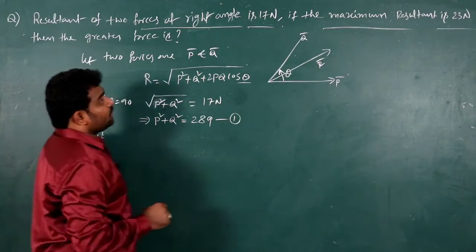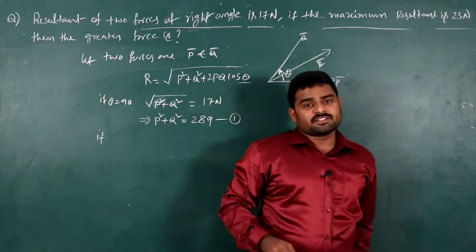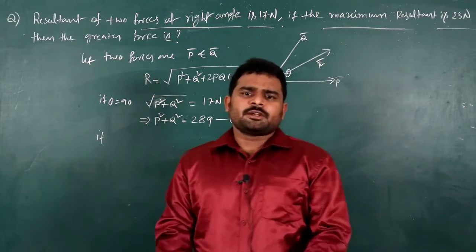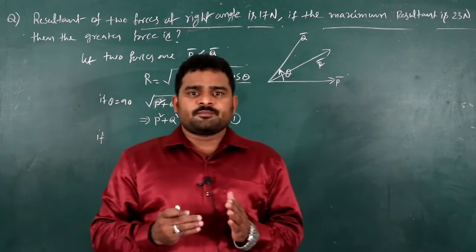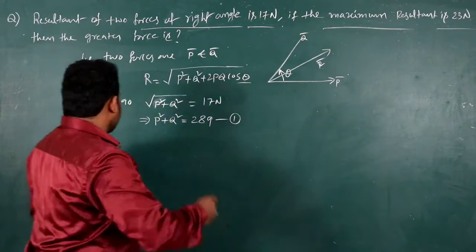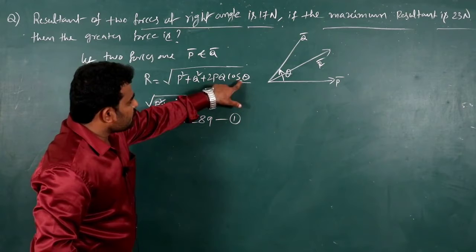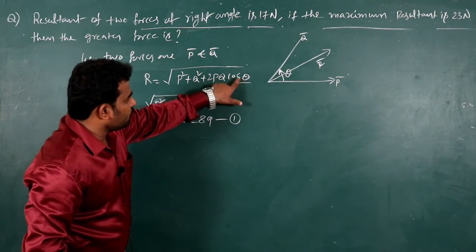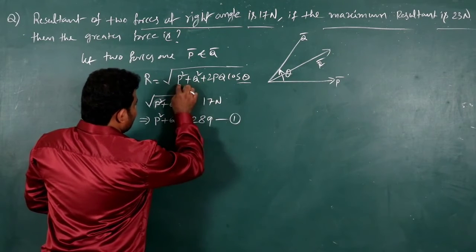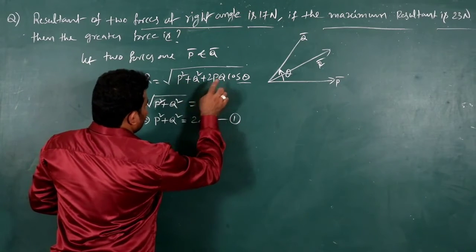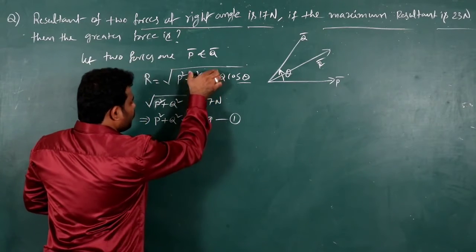Again, they gave the information that maximum resultant is 23 newtons. When will you get the maximum resultant? You will get the maximum resultant if the angle between those two vectors is 0 degrees. If theta is equal to 0, then cos 0 is 1, so this term becomes P square plus Q square plus 2PQ, which we know as P plus Q whole square.